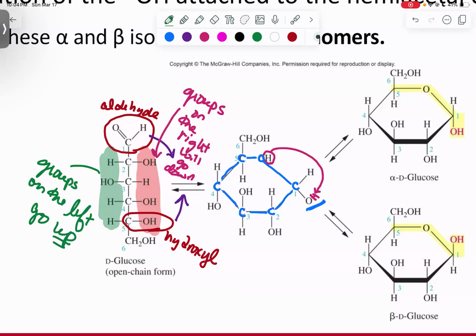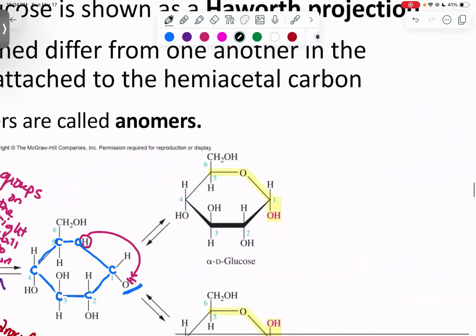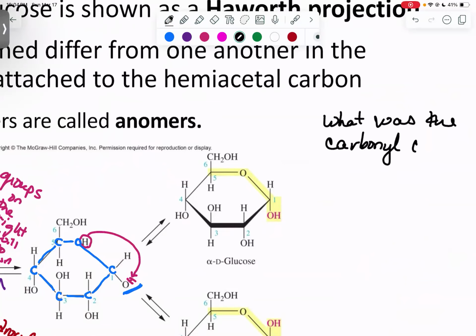Okay, so if I look at my Haworth projection, you have to think about, okay, where was the carbonyl carbon? Because we still want to give that carbonyl carbon the lowest number possible. And so when we look at the ring structure, the way that you find your carbonyl carbon, and I'm going to write this on the side: what was the carbonyl carbon now has, of course, a new name, the anomeric carbon.